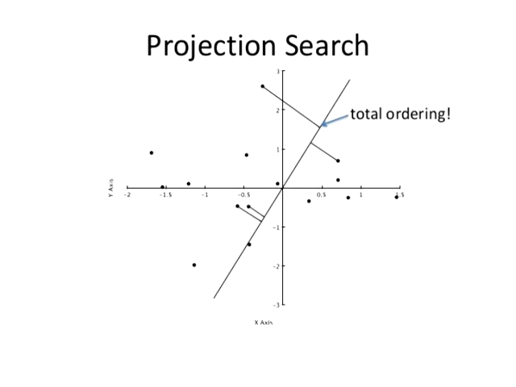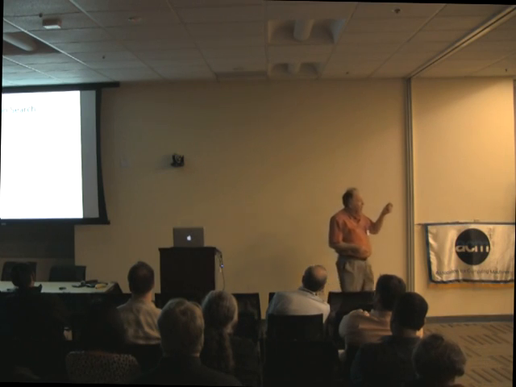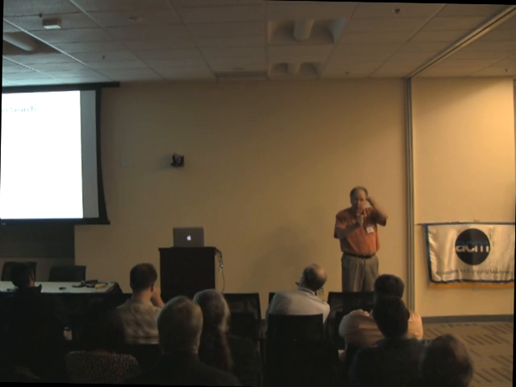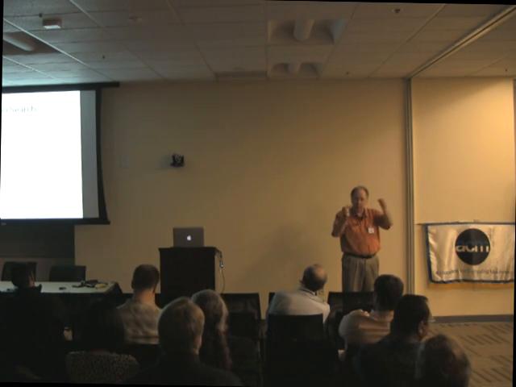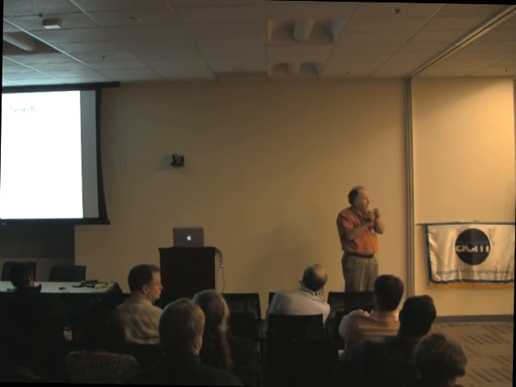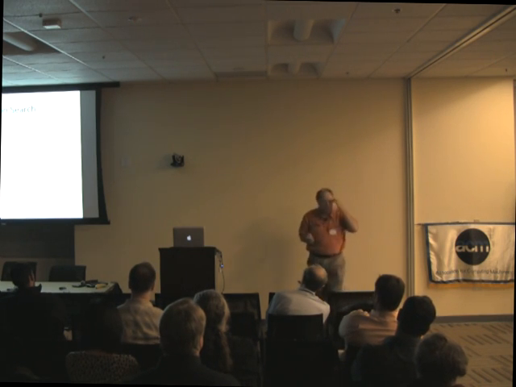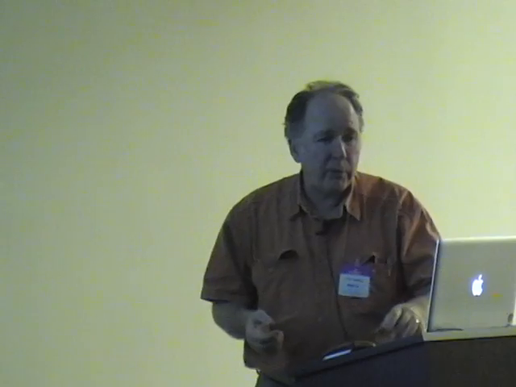So here's the first search algorithm that could be used. And that is just project onto that diagonal line the original data. Things that are close together originally will be close together in the projection. And you will have some false positives of things that were far apart that appear to be close together in the projection. And if you project a few different times, you have a very good chance of finding the actually closest thing.